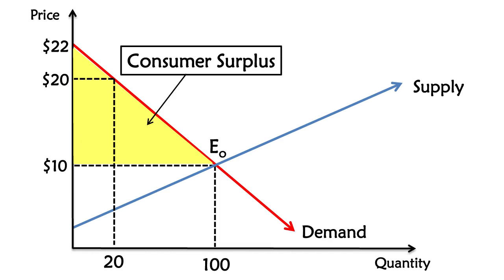Let's look now at the producer's side. The producers sold all the units, in our example t-shirts, for $10 per unit. The producer's cost of producing the first unit was much lower than $10. As you can see on the graph, it was about $3.